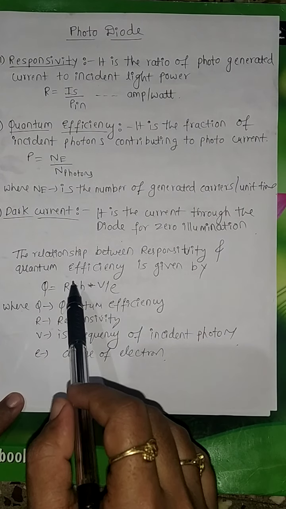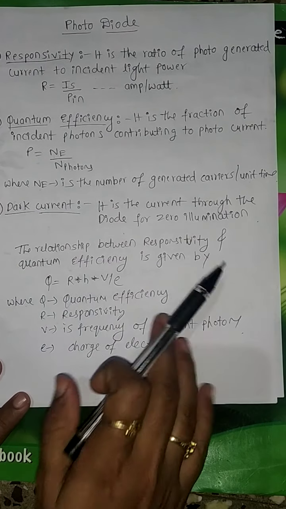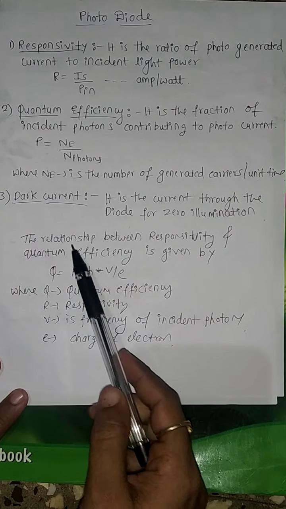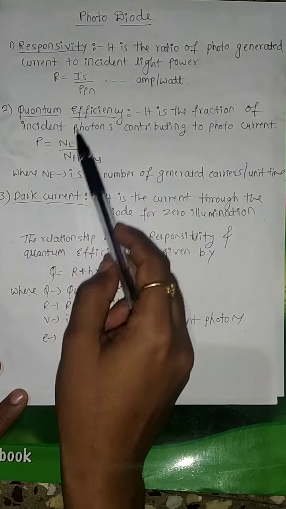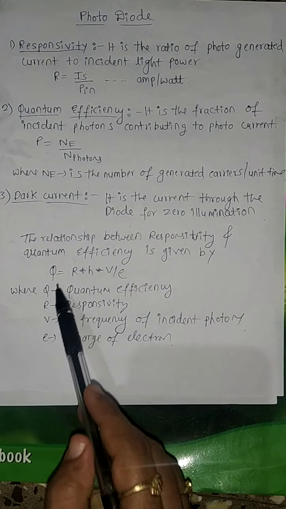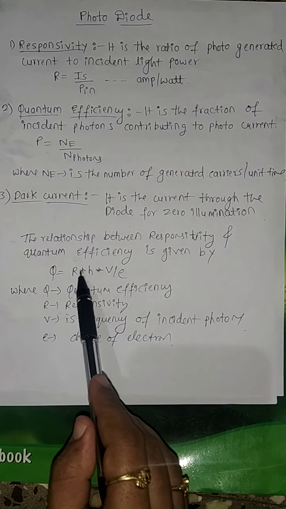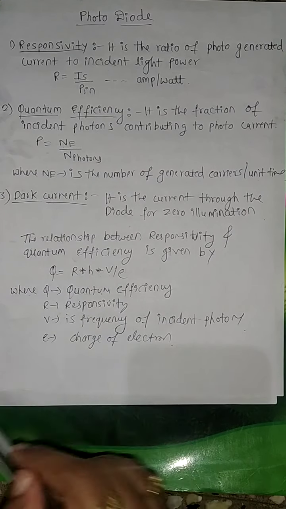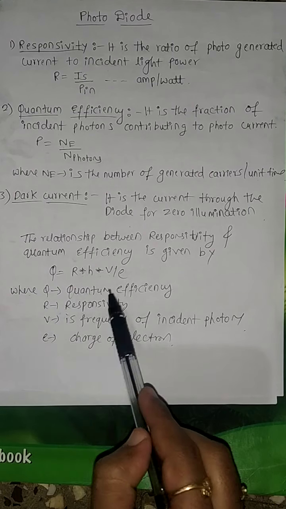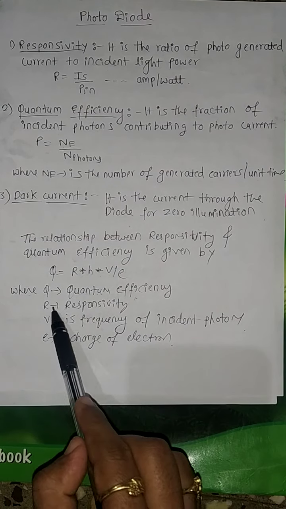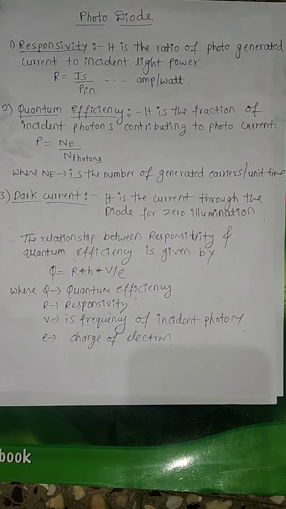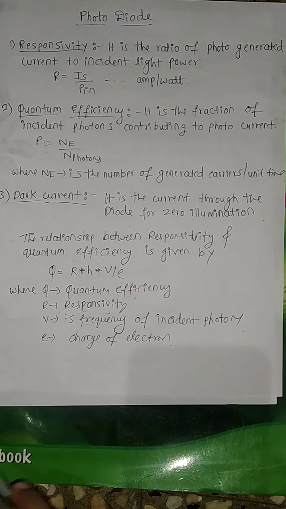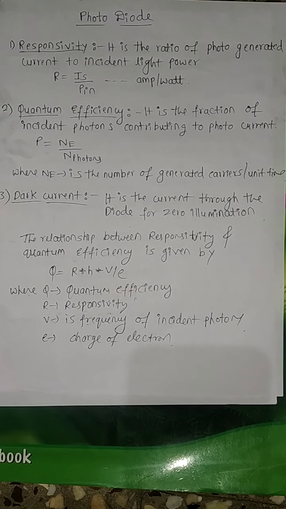Next, only the equation is there for your syllabus, so you should see the equation here. What is the relationship between responsivity and quantum efficiency? Between these two there is a relation given by Q is equal to R into h into v divided by e, where Q is quantum efficiency, R is responsivity, v is the frequency of incident photons, and e is the charge of electron.